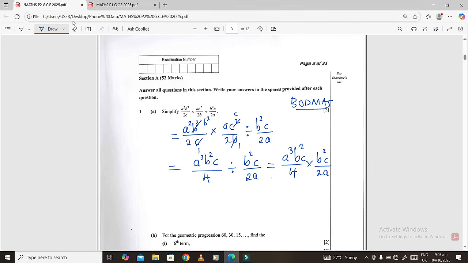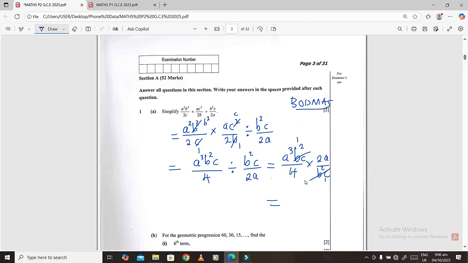Oh, sorry, this is where you need to be very careful. Here, it's supposed to be 2a over b power 2 c. Remember the rule of division says that when you change the sign of division to multiplication, you are supposed to reciprocate the other fraction. So this and this will cancel out, it's a 1, 1.